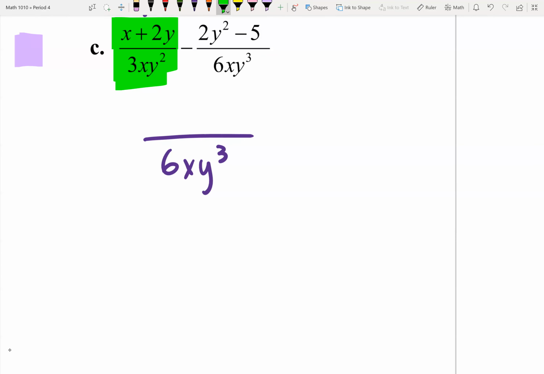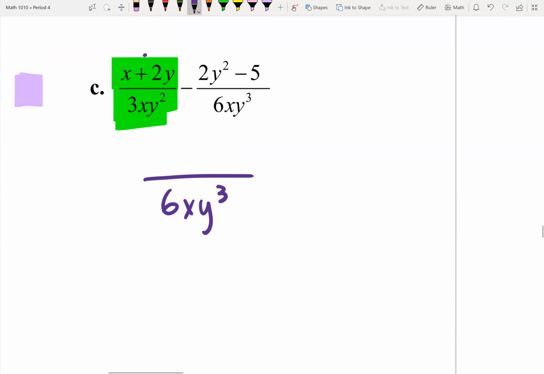You're comparing the denominator of that green guy to the main denominator. 3 times 2 is 6. I have 1x and I need 1x, so I'm good. I have 2 y's and I need 3, so I'm missing a y. So I'm going to take this 2y and distribute it across the top. So I have 2xy plus 4y squared.